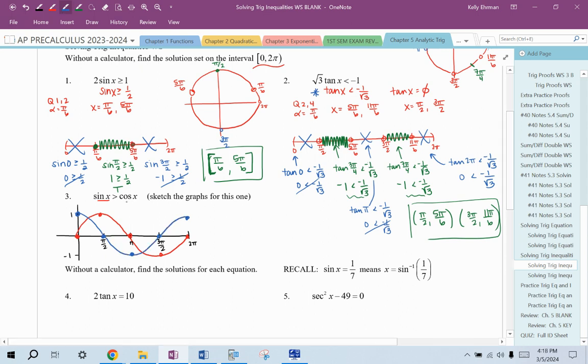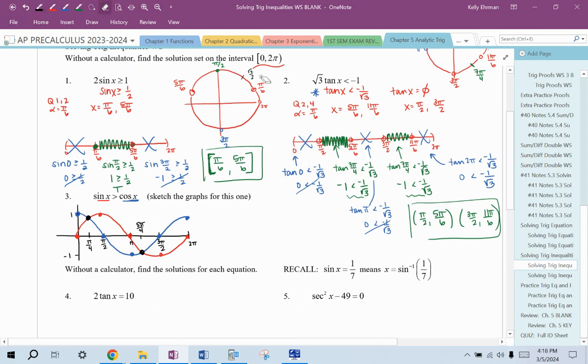When is the red graph above the blue graph? Well, they meet right here at pi over 4, and they meet right here at 5 pi over 4. How do I know that? Because of unit circle trig. Both sine and cosine are radical 2 over 2 at pi over 4, and they're both negative radical 2 over 2 at 5 pi over 4.